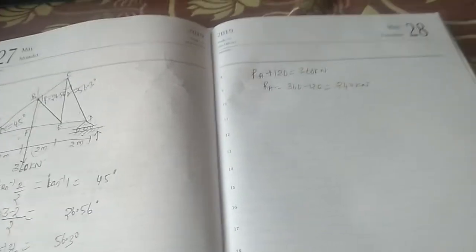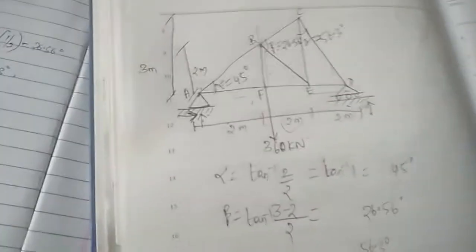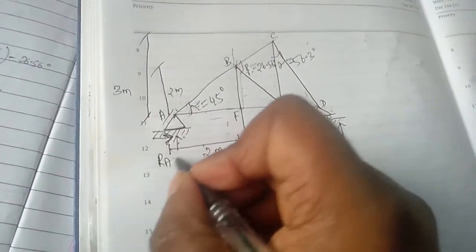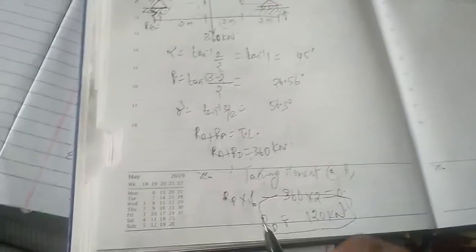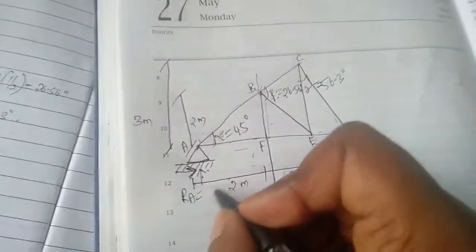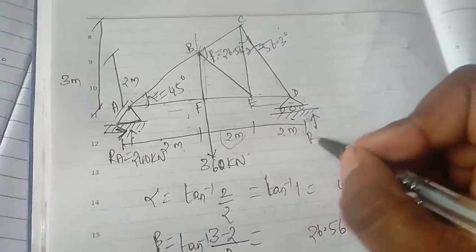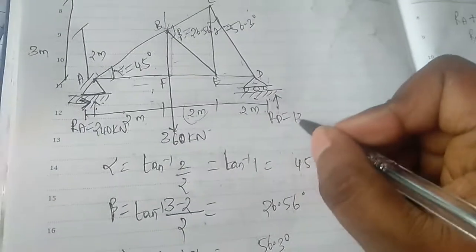Okay. So next thing, you have calculated the reactions. Why I am telling this is, please understand it from here, so that you can easily remember it. So RA is nothing but 240 kilonewton. RD, the reaction at D, is 120 kilonewton.